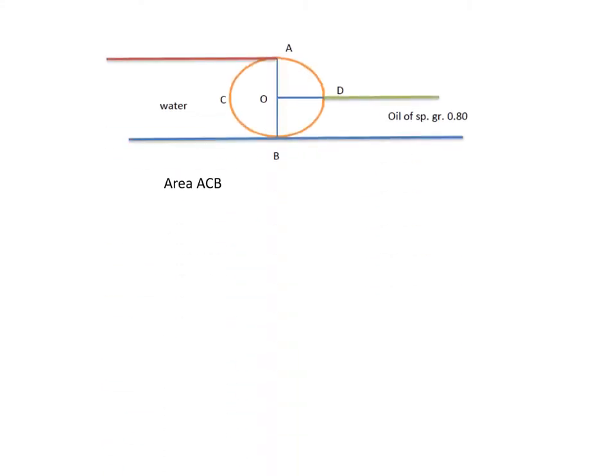Now I have to consider what is area ACB. It is nothing but the semicircular area, that is pi r square by 2. So r is d by 2, so it is pi d square by 8. Here you have 3 meters as the diameter, so it is pi by 8 into 3 square, which gives 3.5325 meter square.